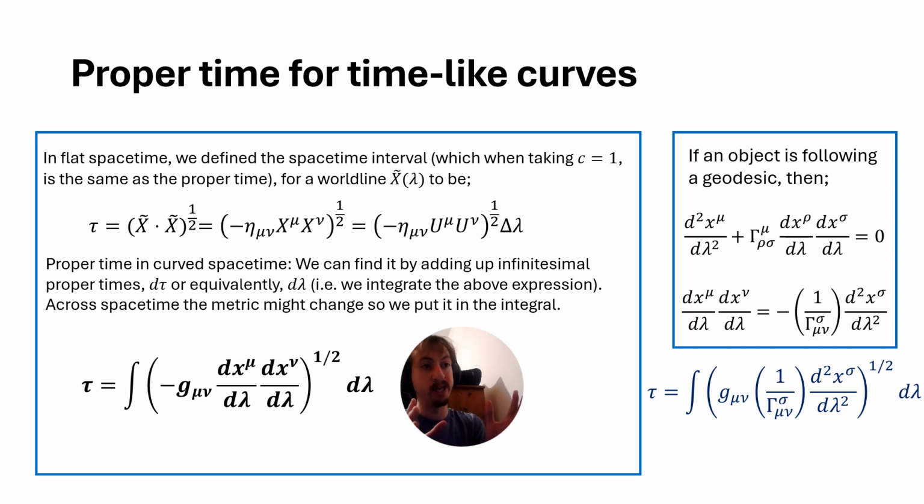So actually, for an object whose path through space-time is a geodesic, proper time is entirely defined by your initial starting conditions, but then after that only by the metric itself. So in summary, space-time tells matter how to move, and that's another way of putting the equivalence principle.